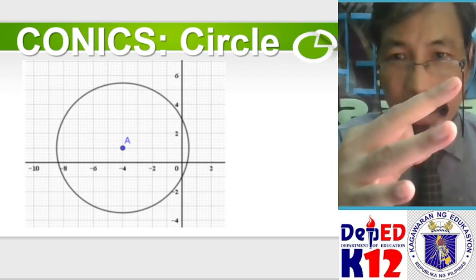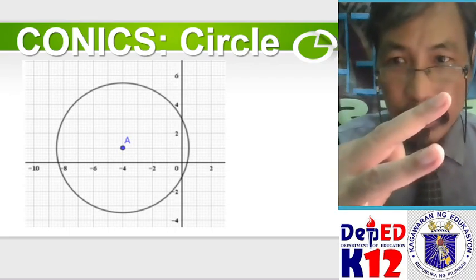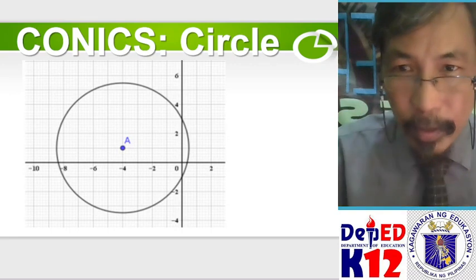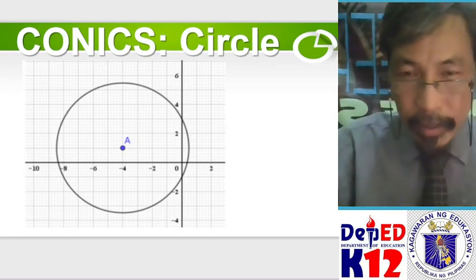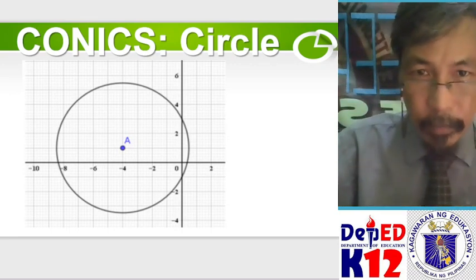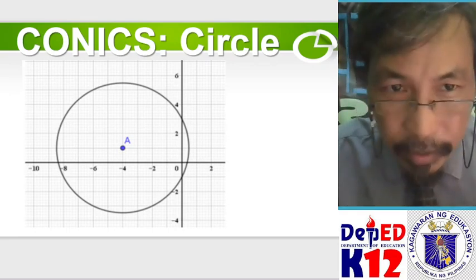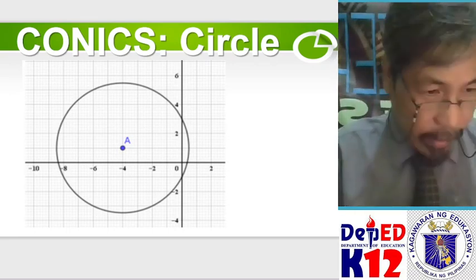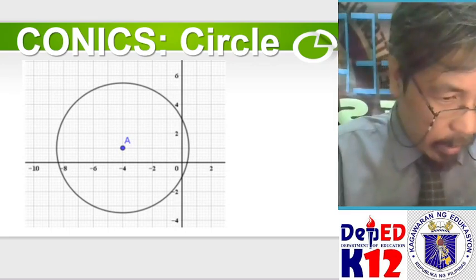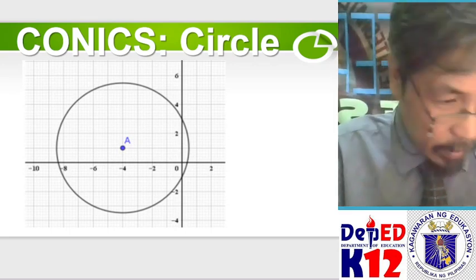We need 2 pieces of information. Can we have the center? Yes, you can see it on the graph. The center is given as letter A, so we can use letter A rather than letter C.